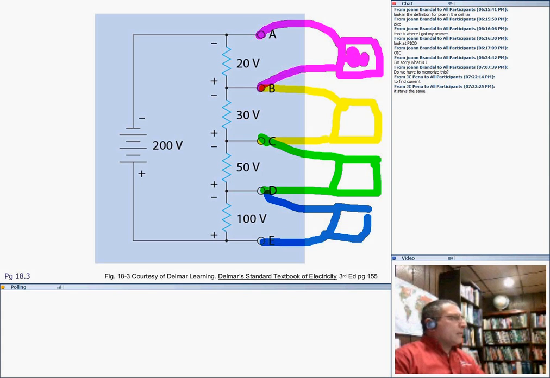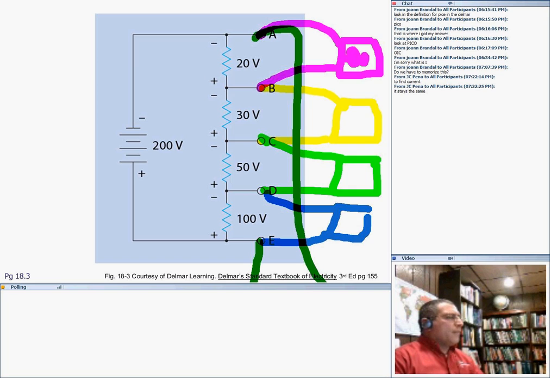Now, also, that's not all. I can have a piece of equipment right in here that actually needs 200. If my equipment needs 200, I can bring the E here and go all the way up to the A. Now, this equipment gets 200 volts. Can you see that? That's what a voltage divider does for you.